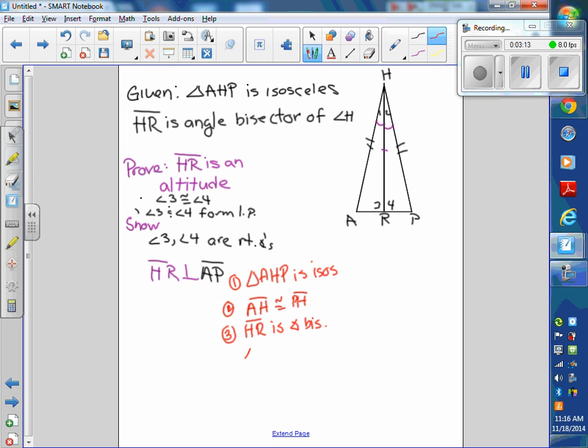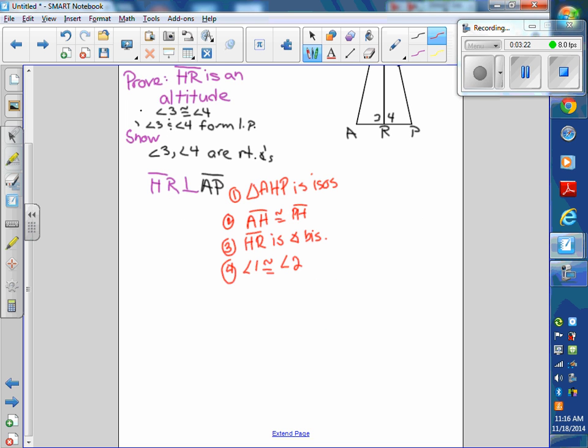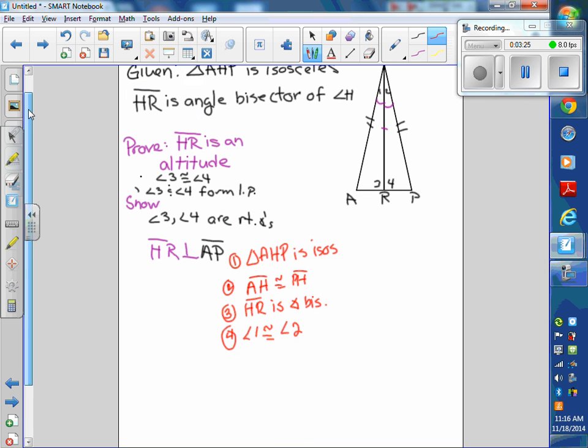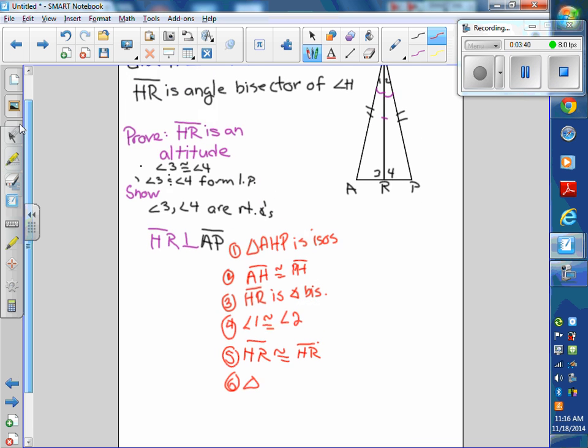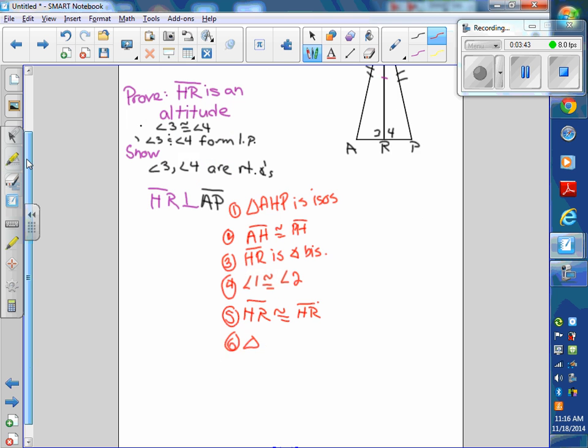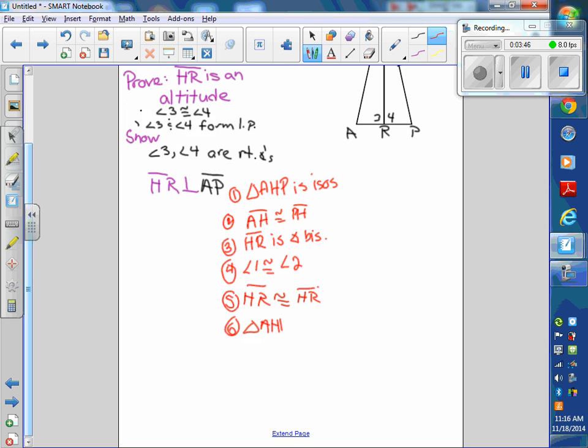So I know that angle 1, they gave me numbers, so I'm going to use them, is congruent to angle 2. And then I know the same segment property, which is HR congruent to itself. So then I could say my triangles are congruent, which is AHP, AHR, and PHR. And that's from side angle side, by the way.